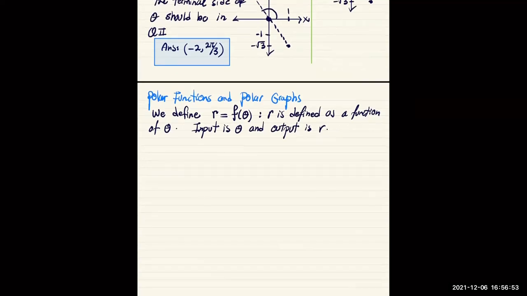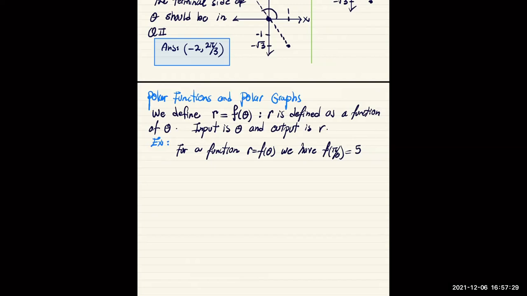So for example, let's say for a function r equal to f of theta, we have, say, f of pi over 6 is equal to 5.